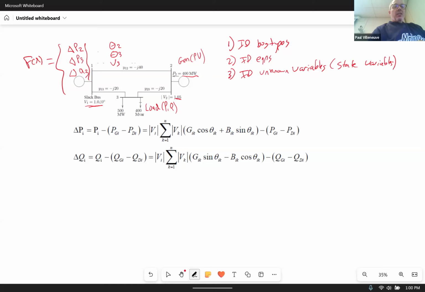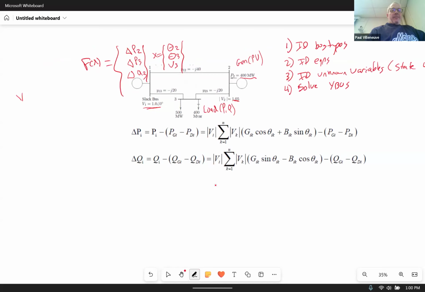So these are our x variables. We're almost ready to actually start writing our power balance equations, but I didn't give you enough information, so you have to solve for Y bus, right? Got to have Y bus first to be able to get any power balance equations.